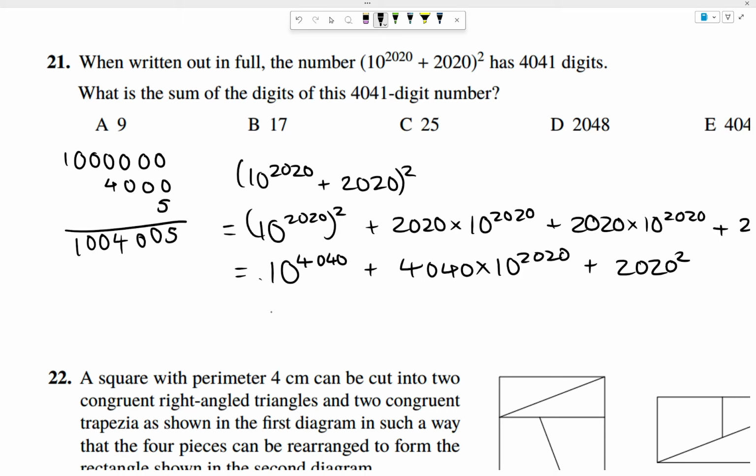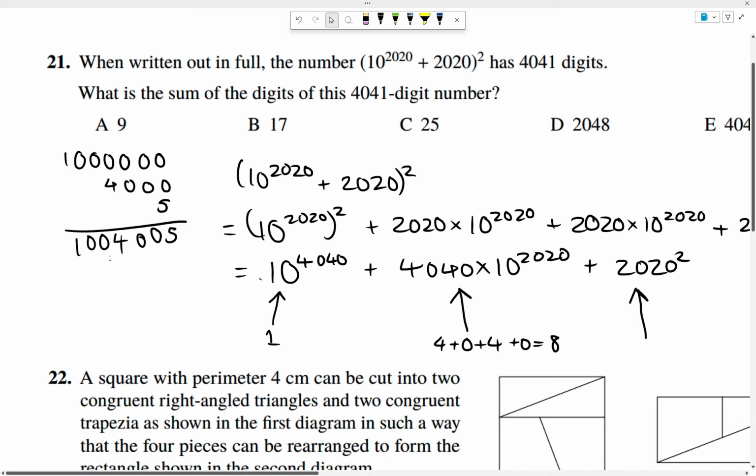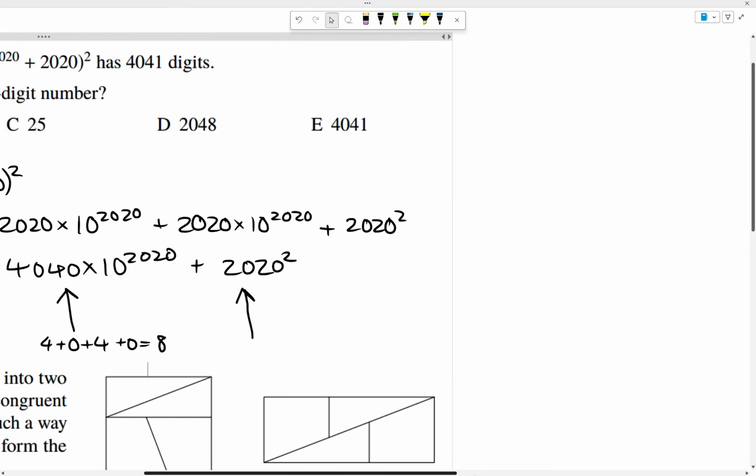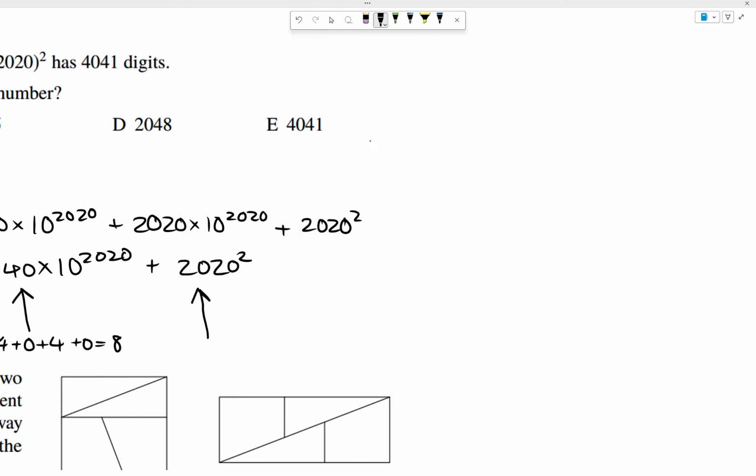So we can just calculate the sum of the digits of this number, the sum of the digits of this number, and the sum of the digits for this number. Well, the first number is going to have a digit sum of 1. The second number is going to have a digit sum of 4 plus 0 plus 4 plus 0, which is 8. And the last number I'm going to have to calculate.